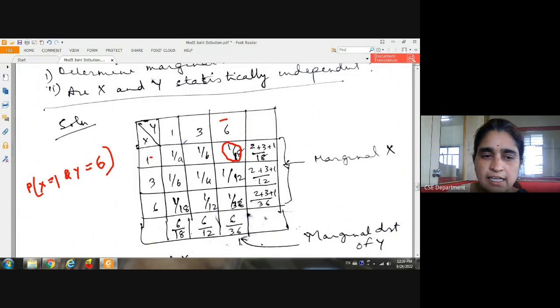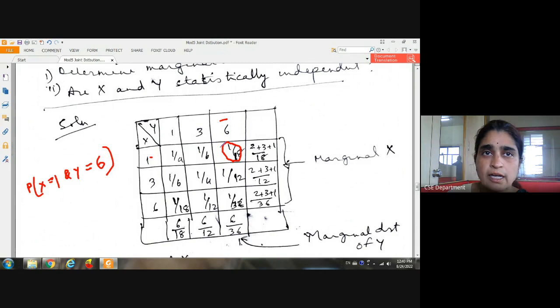So here x can take values 1, 3, 6 and no other values. This is itself a probability distribution. Similarly, y can take values 1 or 3 or 6 and no other value.